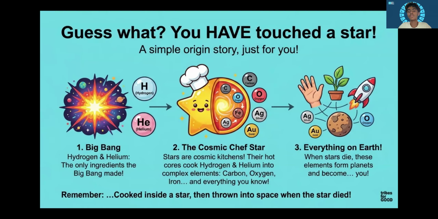So how did this come about? In the core of the stars, when immense heat and gravity pressure is applied, these elements form: the carbon in our DNA, nitrogen for our atmosphere, oxygen for our lungs. So these are formed from those.